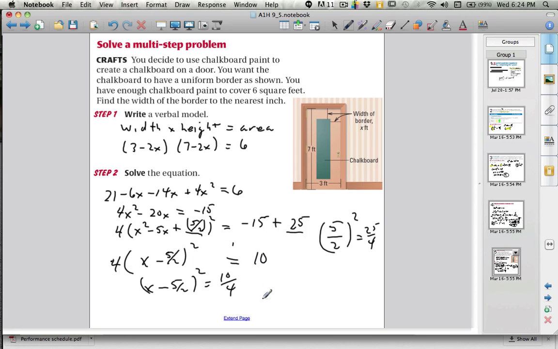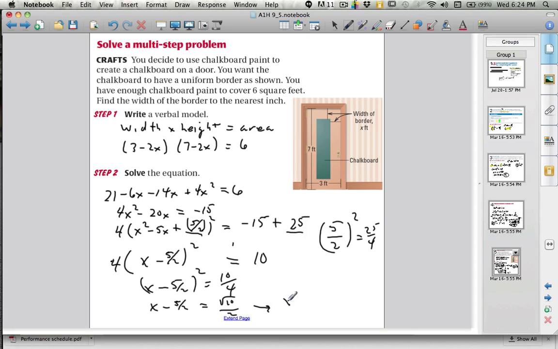Why, you may ask? That's a good question. I'm not going to simplify this to 5 halves because 4 is already a perfect square. So when I take the square root of either side, I'll get x minus 5 halves is equal to the square root of 10 over the square root of 4, which is 2.